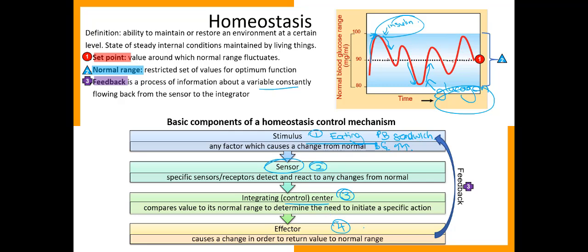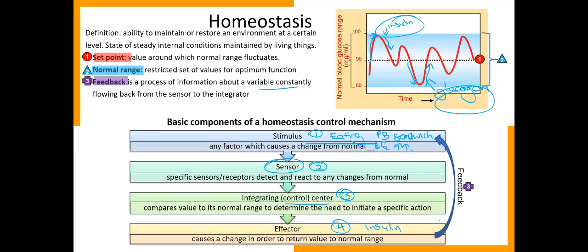Insulin is the effector, and what insulin does is bring down blood glucose levels back to the normal range and towards the set point. That's how it works. Then the blood glucose levels will stay within the normal range because of this homeostasis control mechanism.